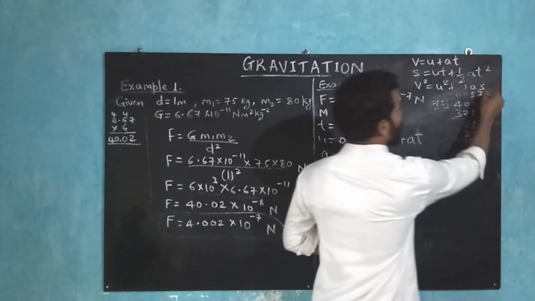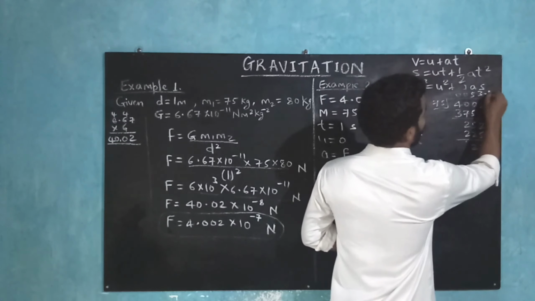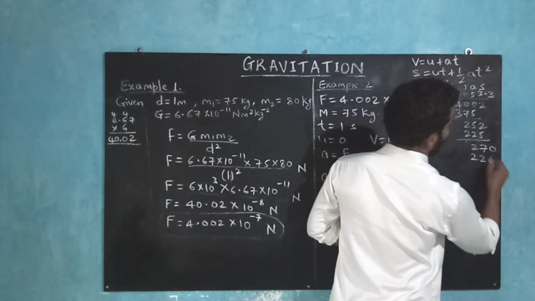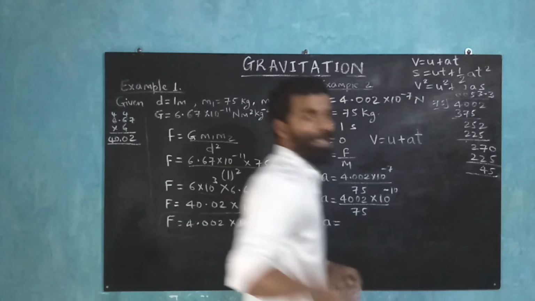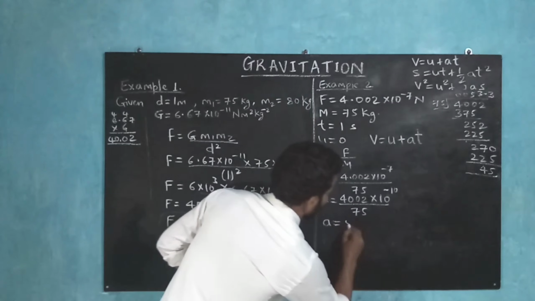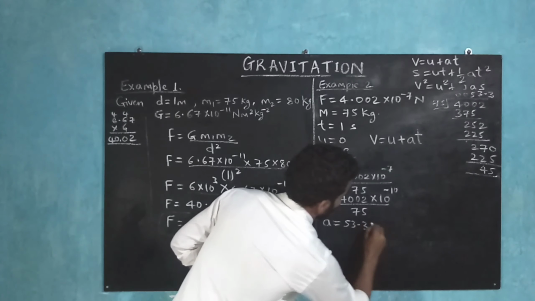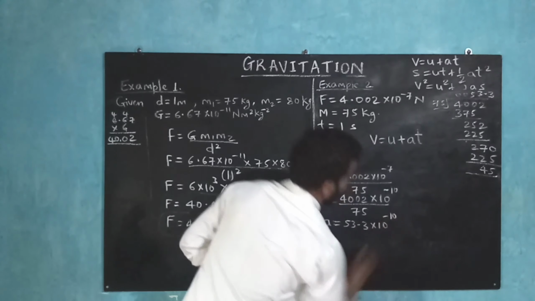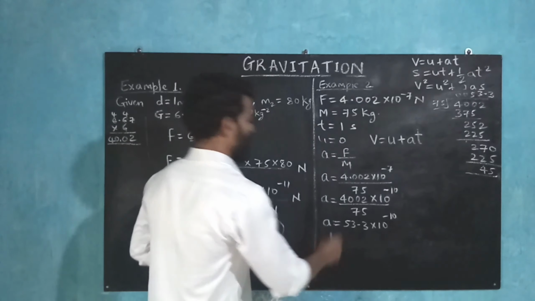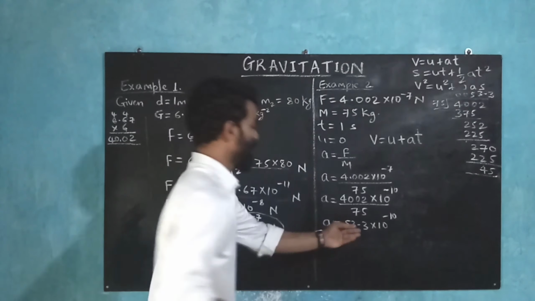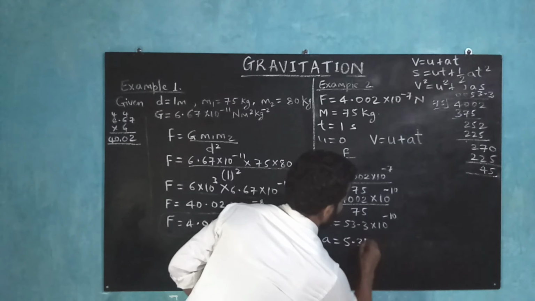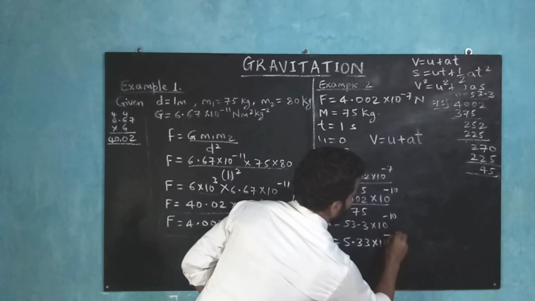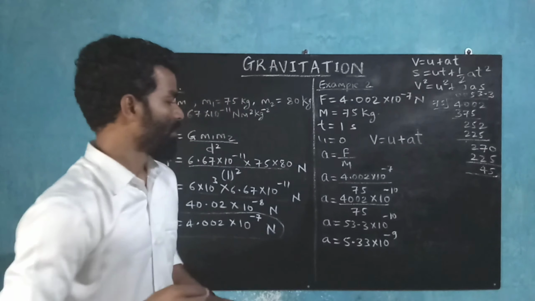Next take a decimal and a 0, 75 times 3 is again 225, the remainder is 45. So it is 53.3 into 10 raised to minus 10. Shifting the decimal one place to the left, acceleration is 5.33 into 10 raised to minus 9.